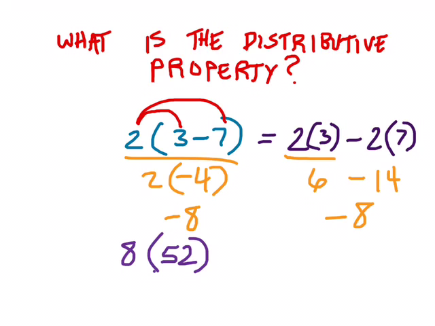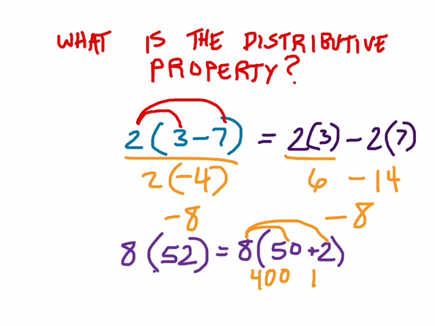So 8 times 52. Instead of solving 8 times 52, where I might need to write it out or use a calculator, the thing I learned from the distributive property is I could treat that as 8 times 50 plus 2, and do each piece individually. 8 times 50 is going to be 400, and 8 times 2 is going to be 16.